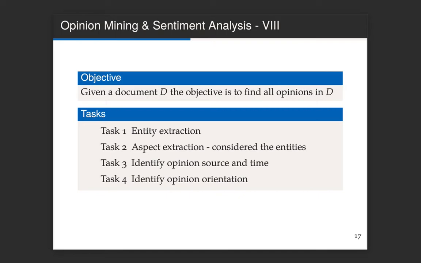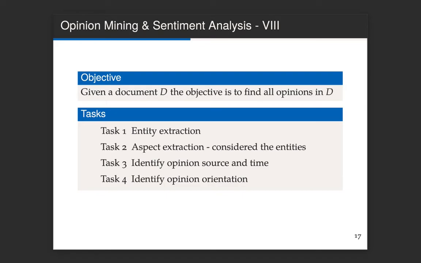You need to know which are the entities. You need to know which are the aspects of those entities, then identify who is making the opinion. In some cases this is very easy, because it is already in the metadata of the web page.